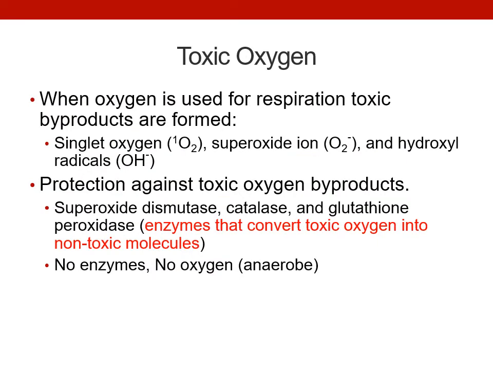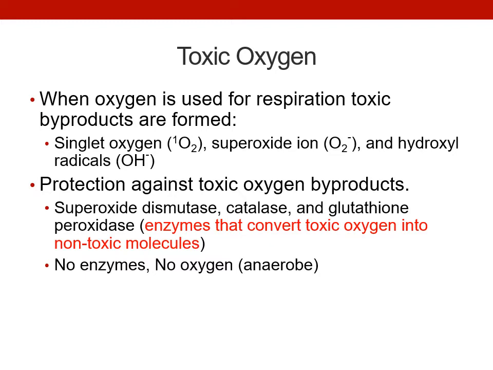Organisms that use oxygen must have a way to protect themselves from the toxic byproducts that form during aerobic cellular respiration. These toxic forms of oxygen are singlet oxygen, superoxide ion, and also hydroxyl radicals. Organisms that can use oxygen must also produce enzymes that can break down the toxic byproducts.